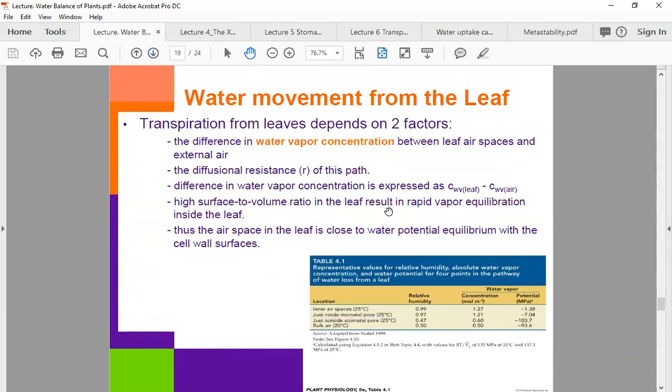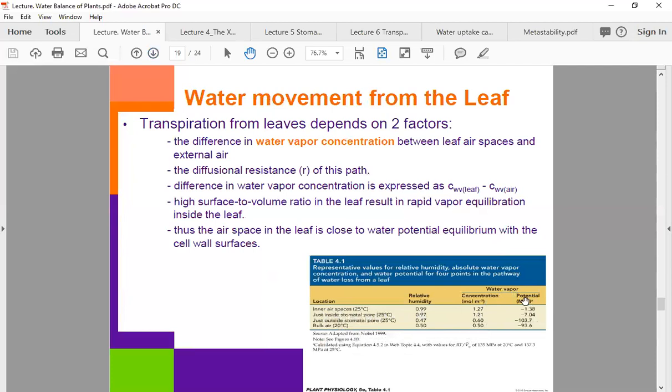We can look at the water concentration differences in this table. For the inner air spaces, all at 25 degrees Celsius, the relative humidity is almost at saturation, 0.99.